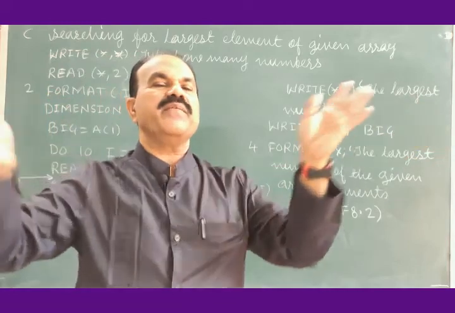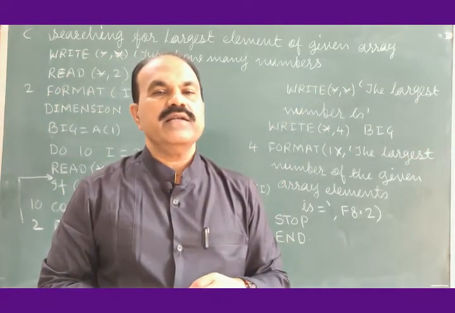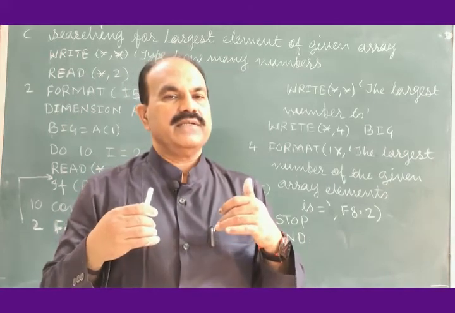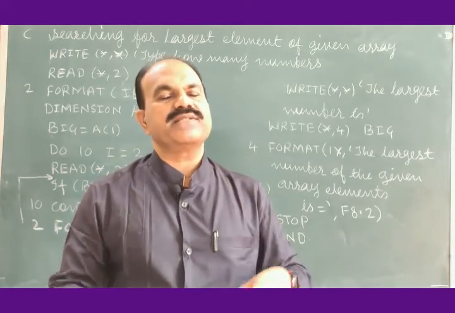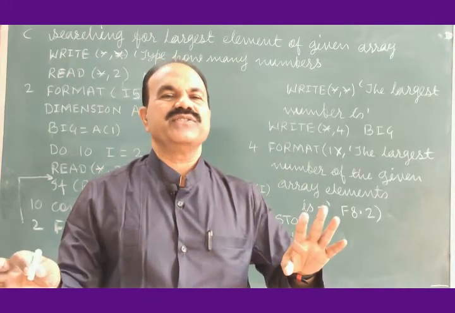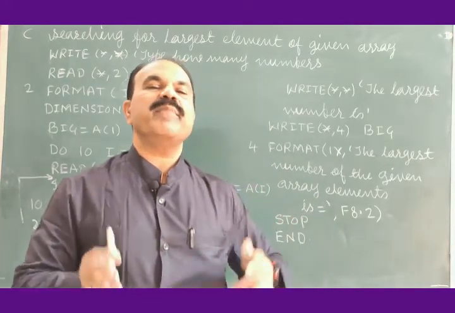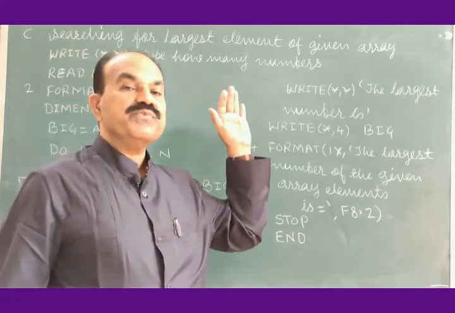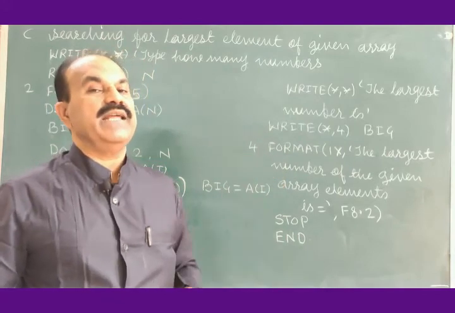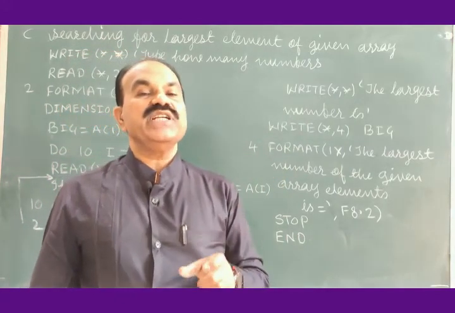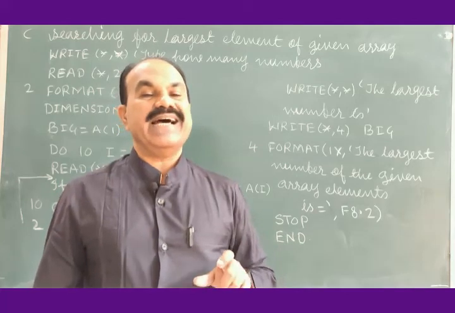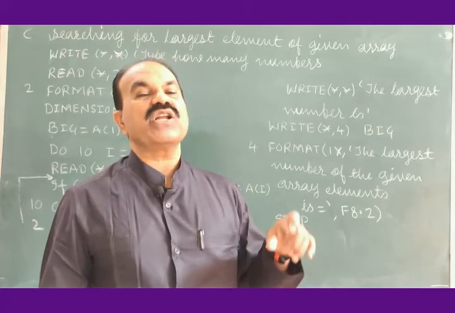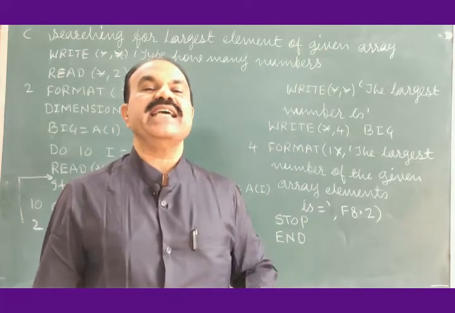It can have any number, I mean tens, hundreds, thousands, 10,000s elements, any number of elements. And we have to search systematically, logically, using the logic of Fortran, the biggest or largest of all these elements.